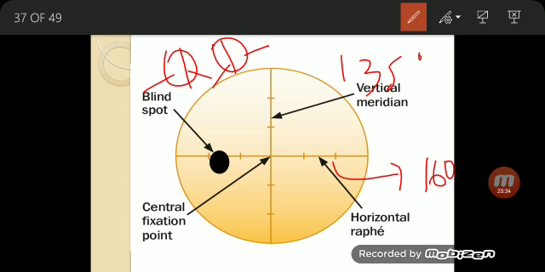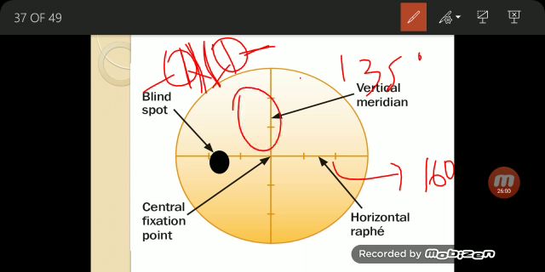The visual field of each eye is divided into two unequal parts, namely the outer or temporal field, and the inner or nasal field, by the vertical meridian passing through the fixation point. The temporal part of the visual field extends up to 100 degrees, but the nasal part is limited, extending up to 60 degrees as it is limited by the nose.